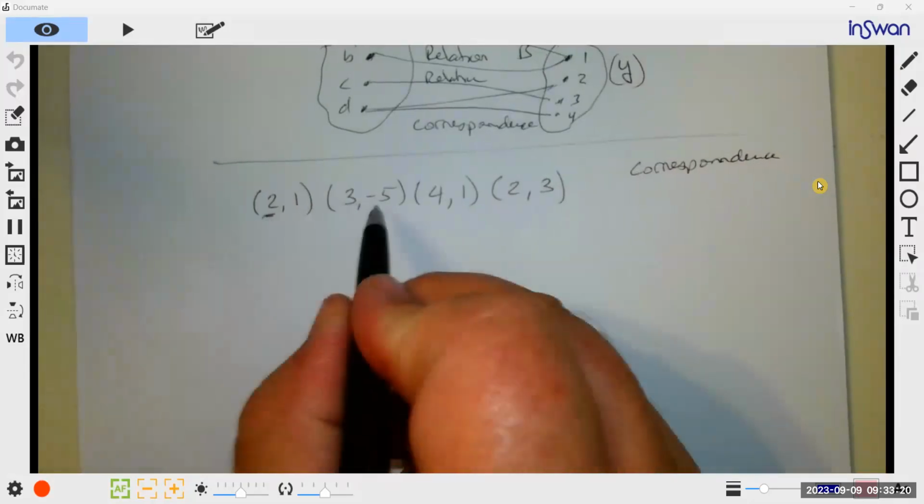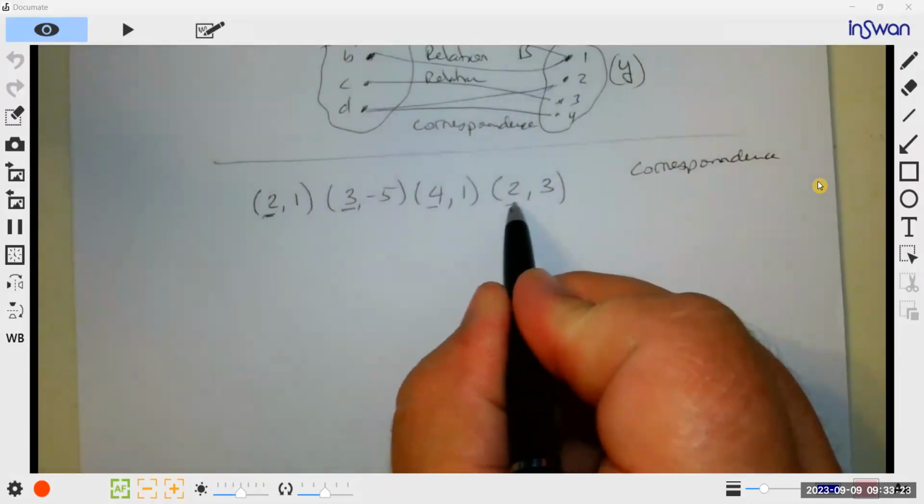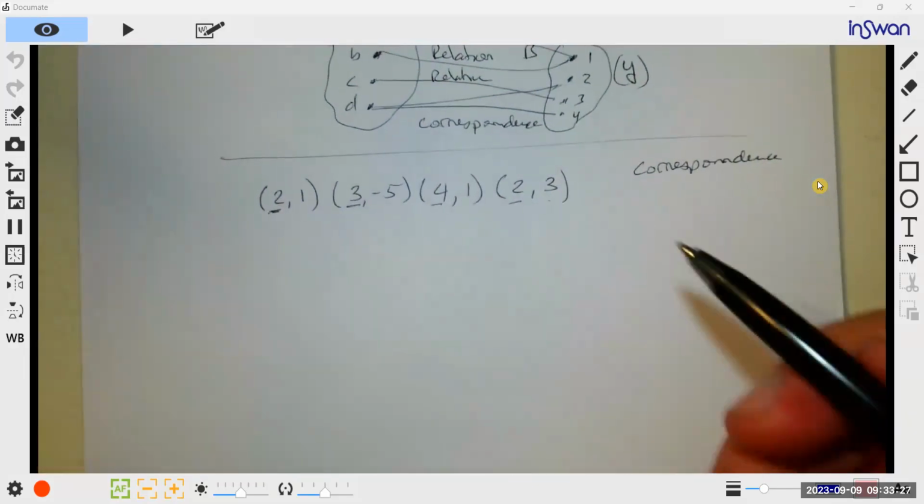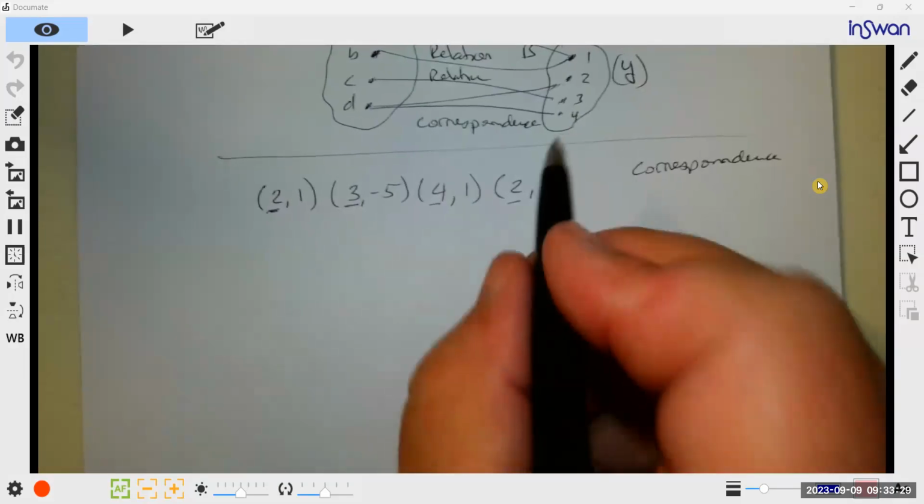So each x, as long as the x's are different, it's okay. But if the x's are the same and the y's are different, it's not a relationship.